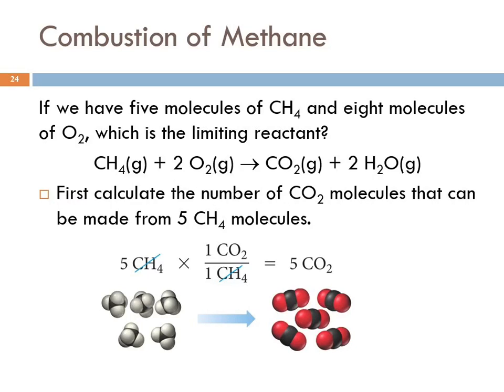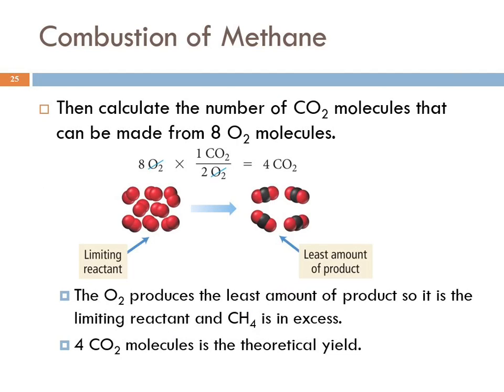So if we have 5 molecules of methane, we're going to get 1 molecule of carbon dioxide for every molecule of methane, and so we should end up with 5 molecules of CO2. And then we look at the other reactant, 8 molecules of oxygen, and we get 1 CO2 for every 2 molecules of oxygen, so that would get us 4.